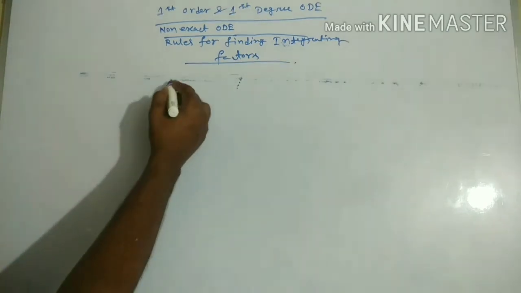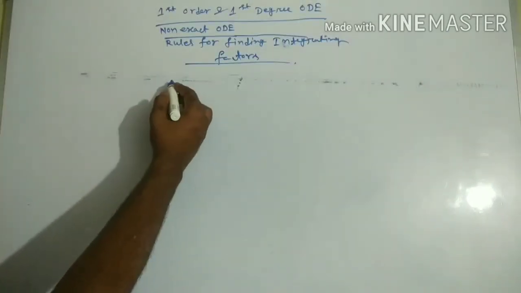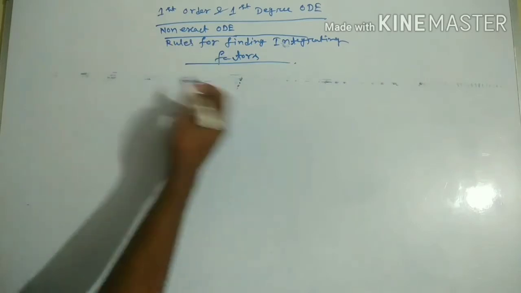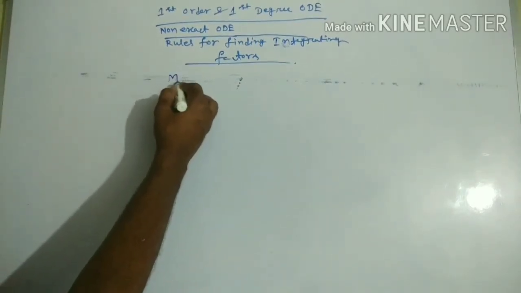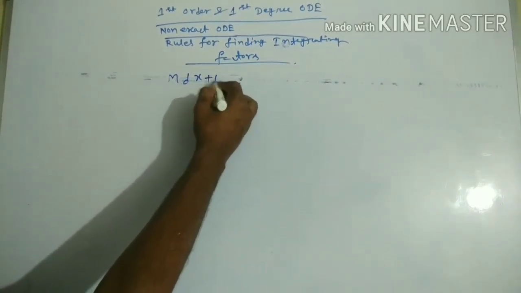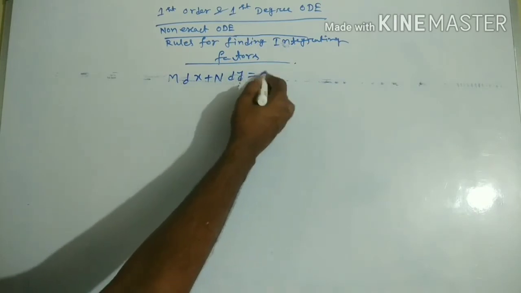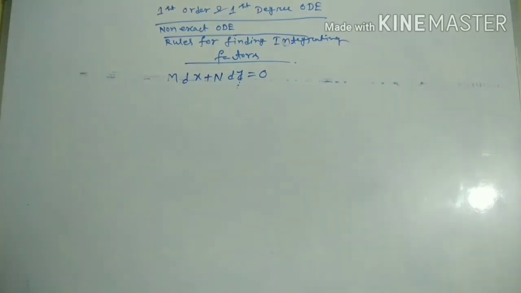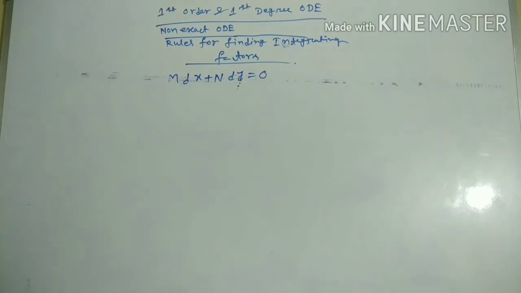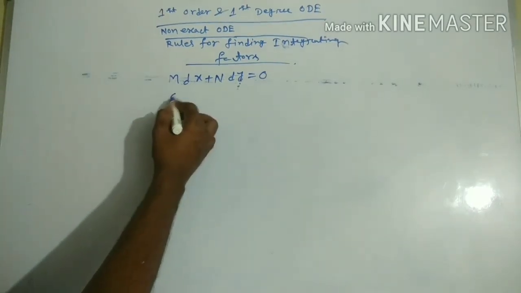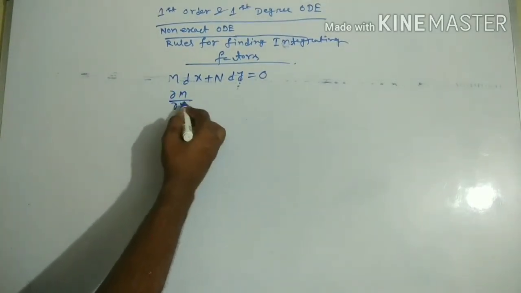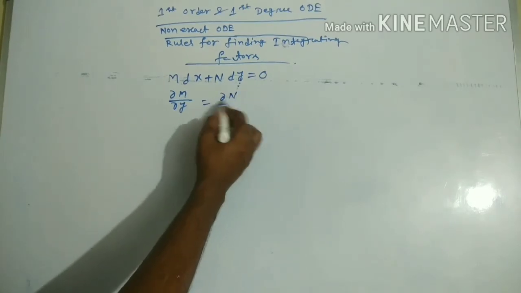Now, we already know that the general form of a first order first degree ordinary differential equation is M dx plus N dy equal to 0. What was the condition for exactness? The condition was del M del y equal to del N del x.